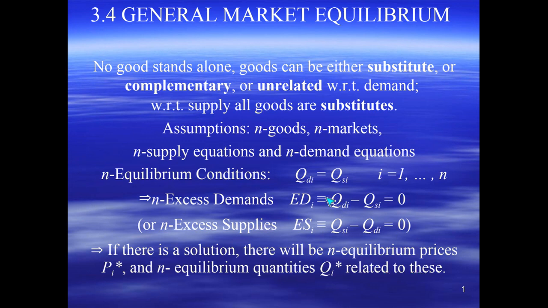Of course, if the equilibrium can be reached in all markets altogether at the same time, simultaneously, then we will obtain as a solution, i going from 1 to n, n number of Pi stars, the equilibrium prices, and n number of Qi stars, equilibrium quantities. One equilibrium price and one equilibrium quantity for each market. So in total, there will be n of them. You see?